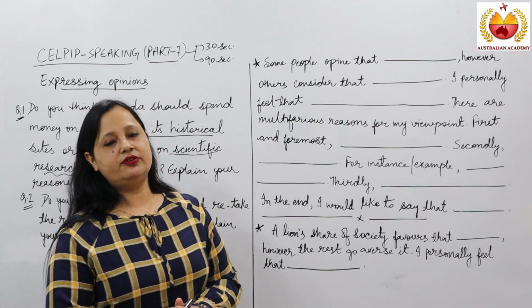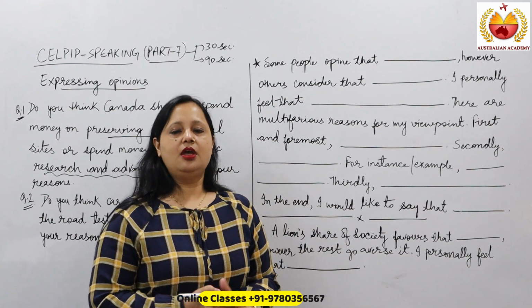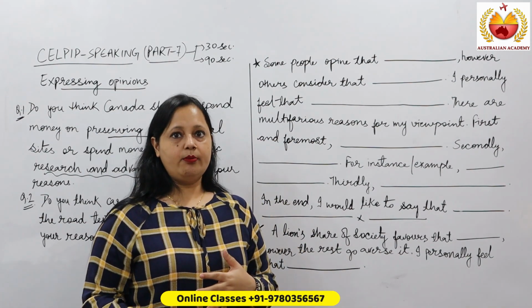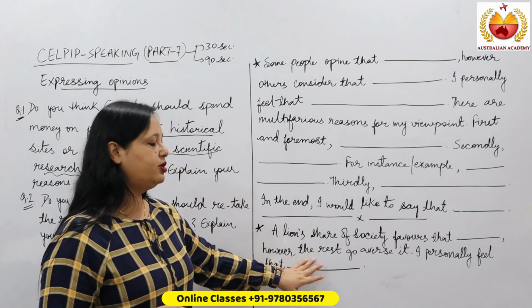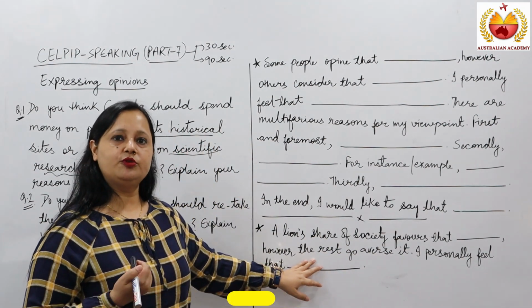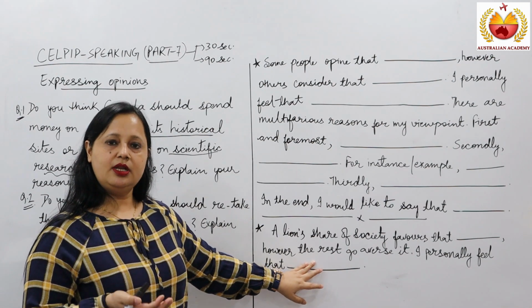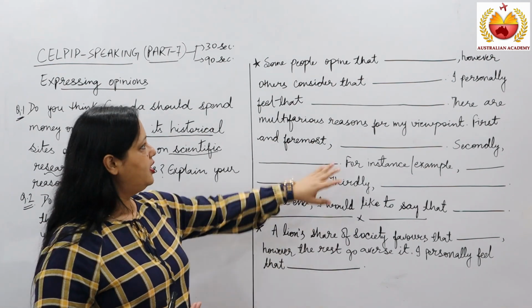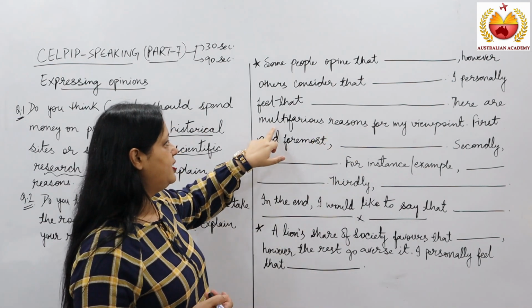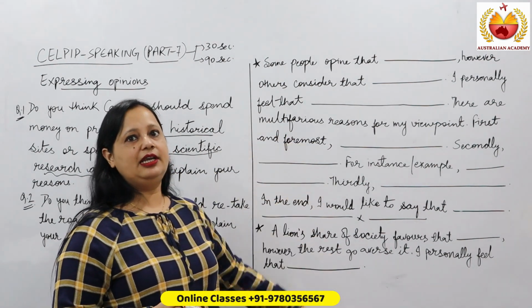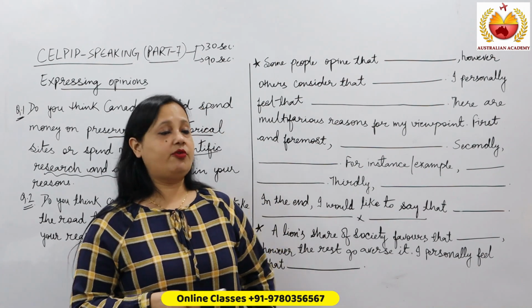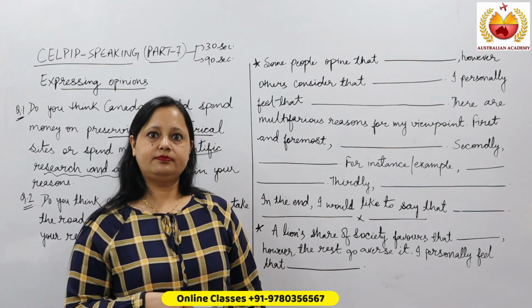Lion's share means majority. However, the rest go evers it. The rest means the other people, the remaining number of people, who are against. I personally feel that, and here you straight away give your opinion, yes or no. Then you can continue: there are multifarious reasons for my viewpoint, saying firstly, secondly, thirdly, and conclusion. The rest will remain the same.